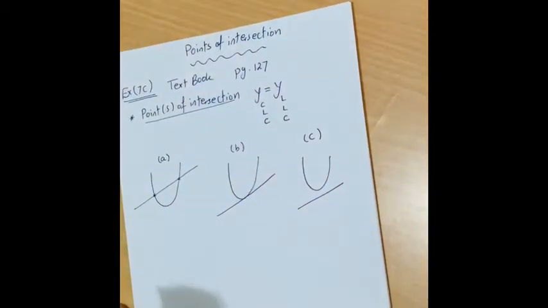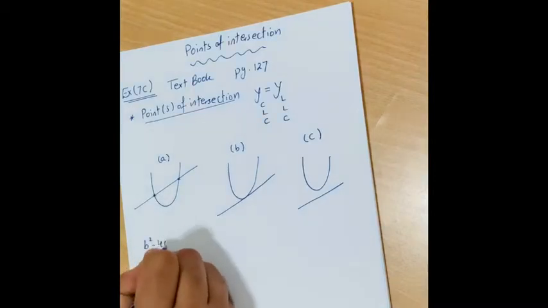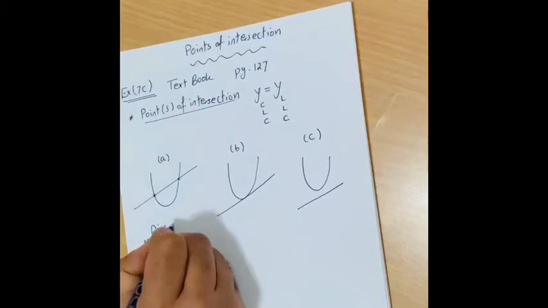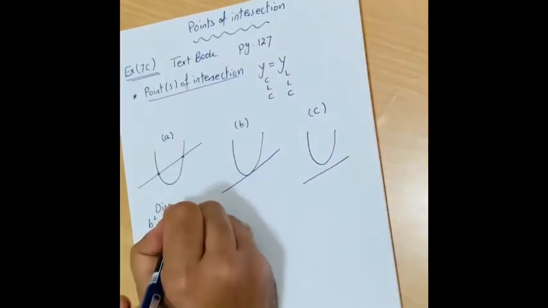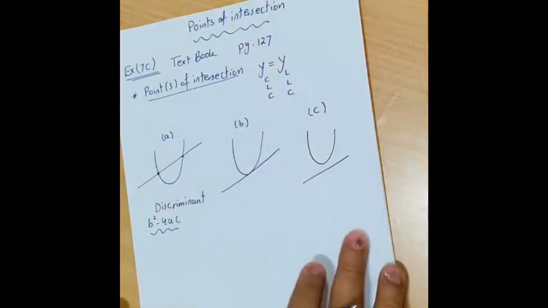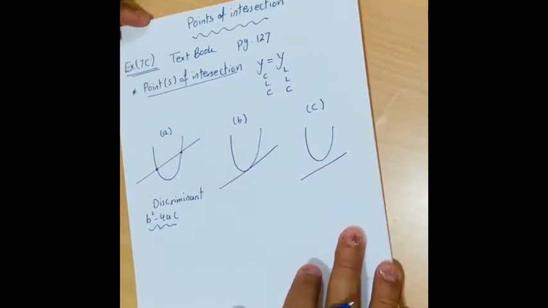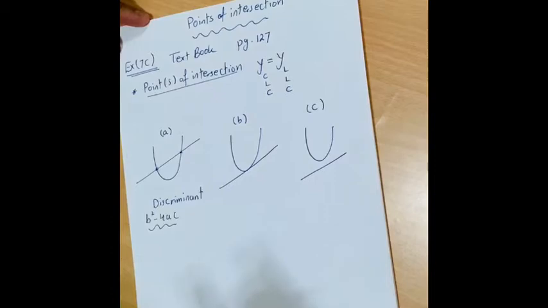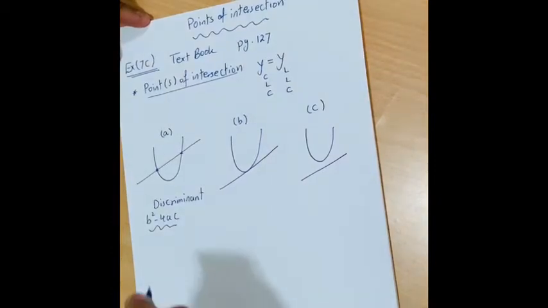In the first case, you remember that we used b squared minus 4ac, which is the discriminant. B squared minus 4ac is more than 0 in this case.